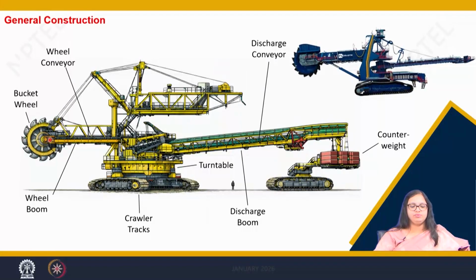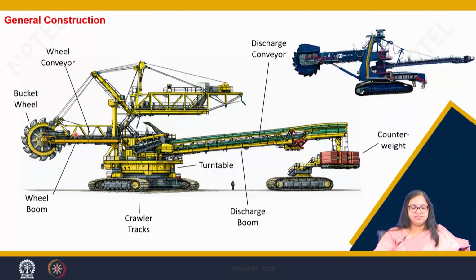Then behind it we have a boom, which we call the boom conveyor or wheel conveyor, where you can see there is a primary conveyor which travels through this boom, and it carries the material that is cut and collected by the buckets and dumped onto this conveyor system.